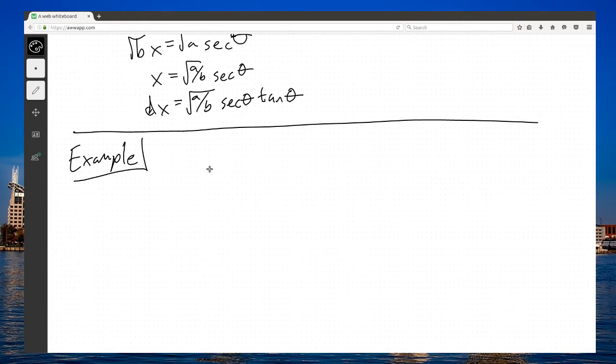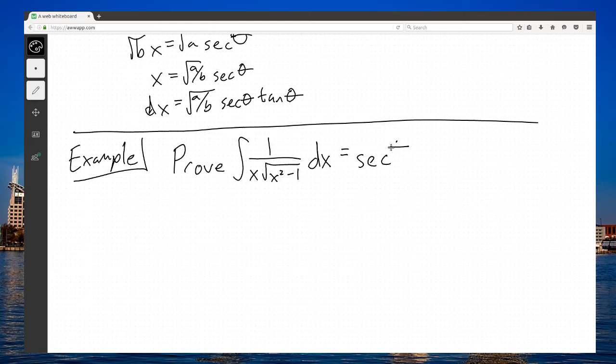So for example, let's actually prove an inverse trig identity. We're going to prove that the integral of 1 over x root x squared minus 1 is inverse secant evaluated at x plus c.